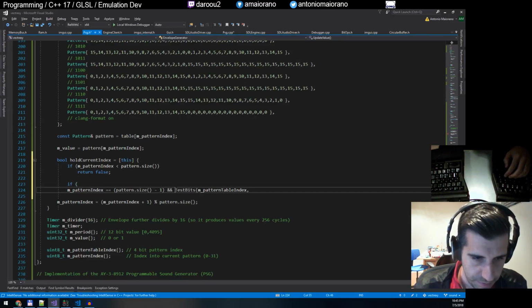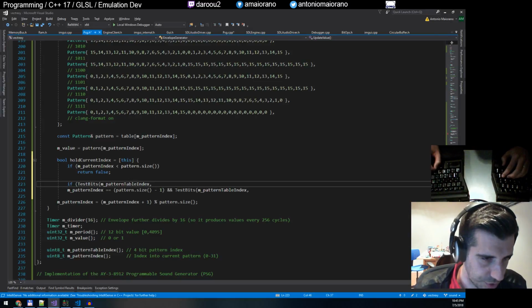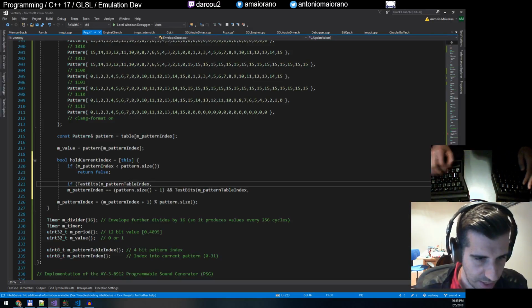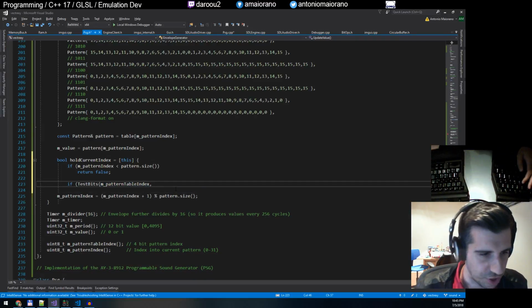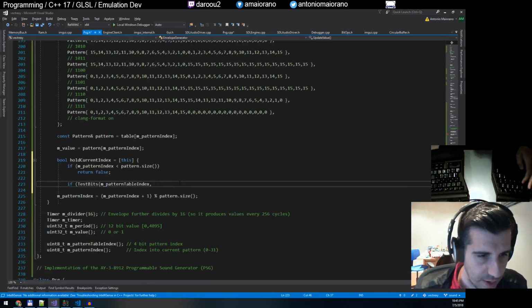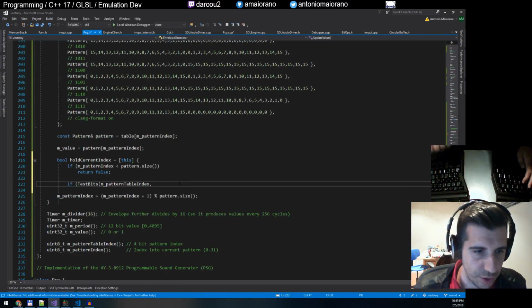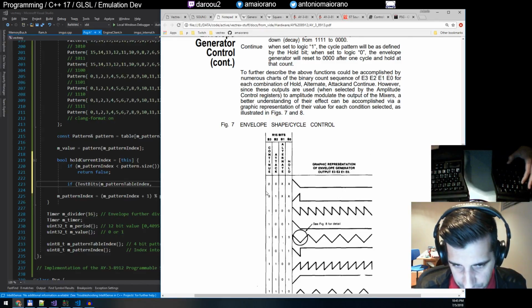And then we'll say if. So if we are in the last one, if we're not in the last one, return false. If we are in the last one, and this pattern table index, it's really the shape. I don't know if I should call it shape. We saw us setting it here, but anyway. And basically we want to know if it's set, if continue is 0.